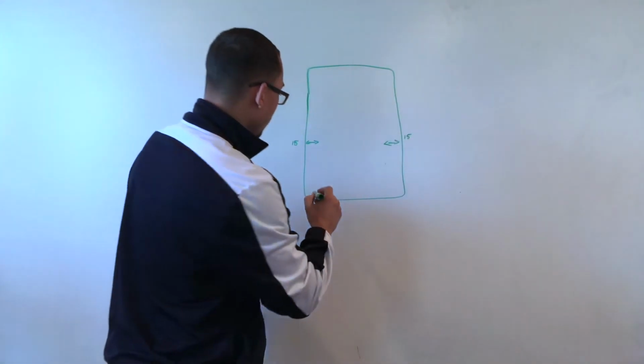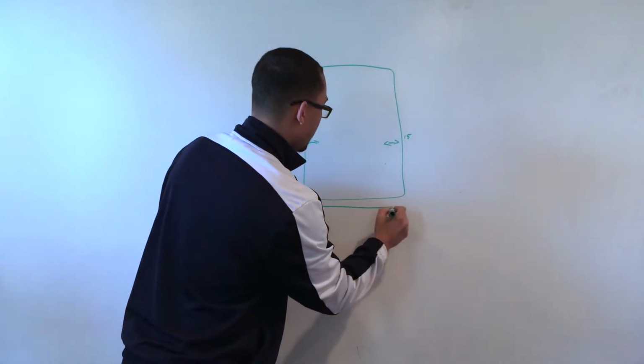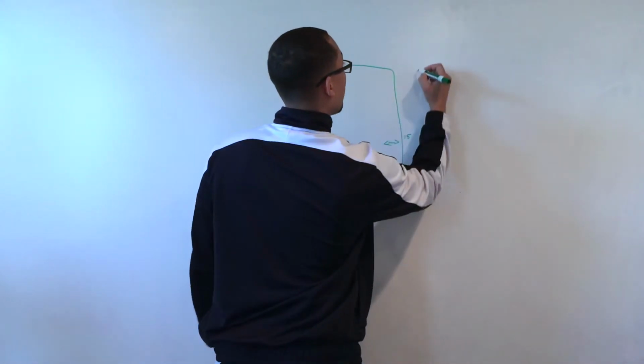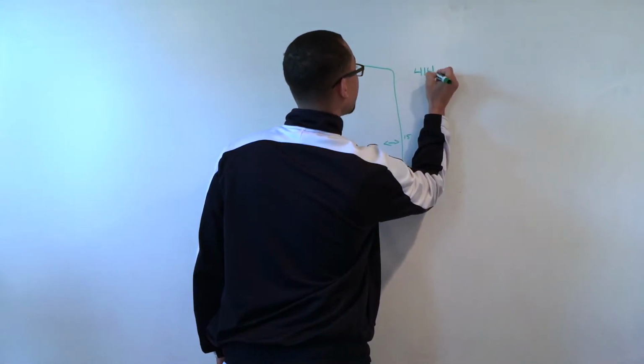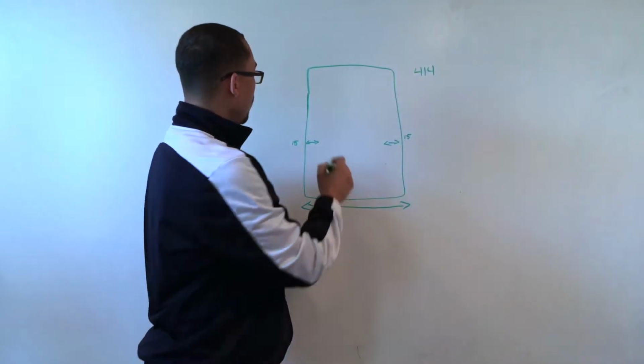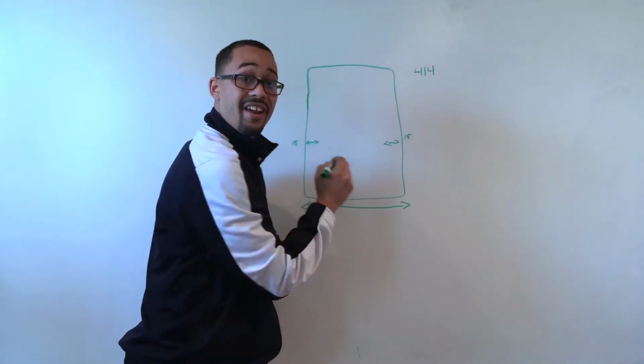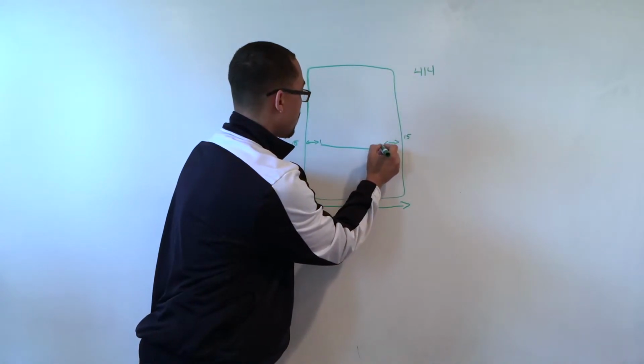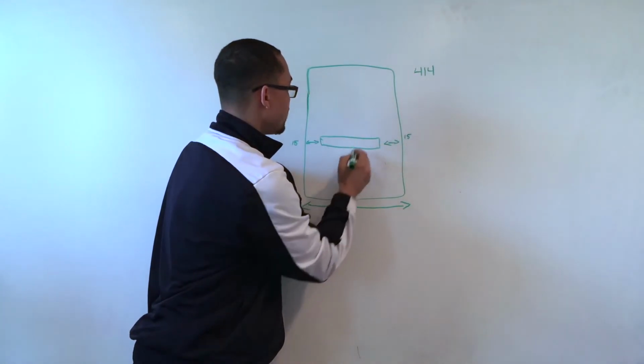What you want to do first is get the width of the screen, and the total width of this screen was, so you can see it, 414. I wanted to center the buttons in the middle of this area, and it's 2 buttons.